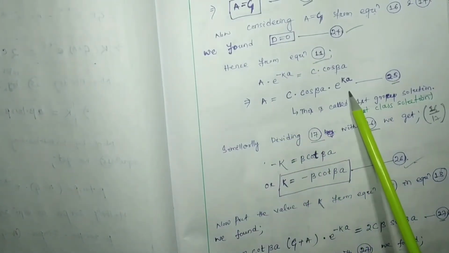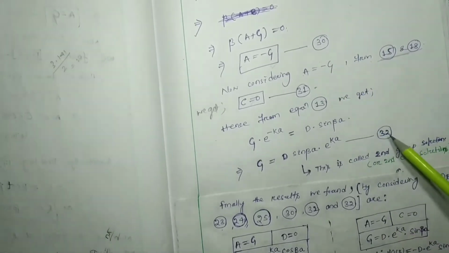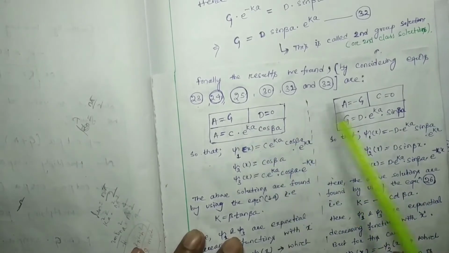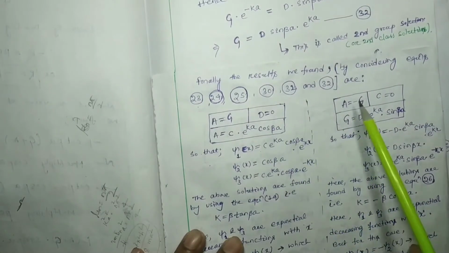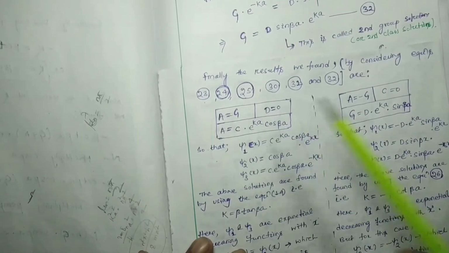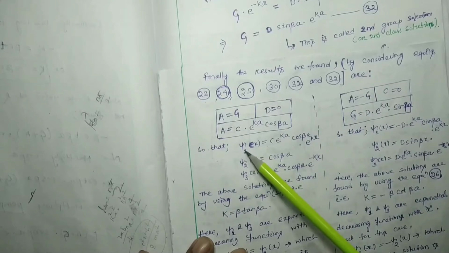Likewise we considered 30, 31, 32, and I have systematically written this and this. Now if we consider this, what will be the value of psi 1, the wave function in region 1?